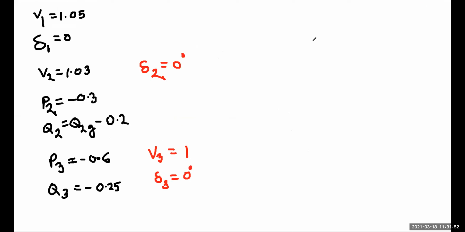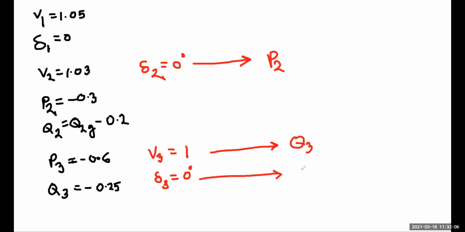So delta 2 will come from what? P2. This is V3, come from what? Q3. This one will come from what? So these are the three formulas we have to find out: P2, Q3, and P3.